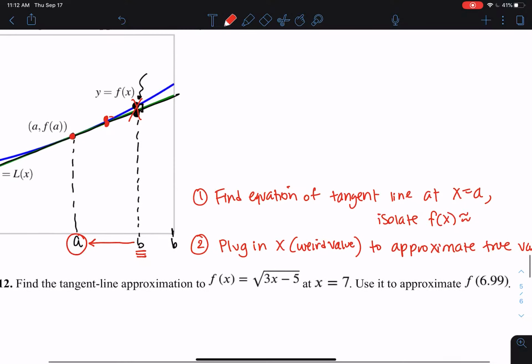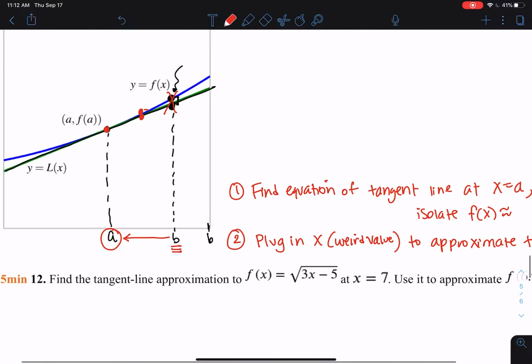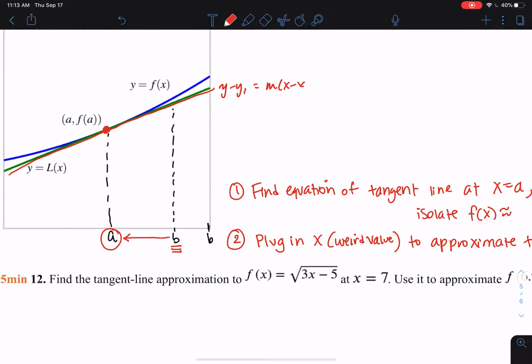So here are the steps. First, you'll find the equation of the tangent line at x equals a. So you're basically given a curve, the blue line, and you're going to find a point and its slope, and you're going to give me the equation of the green line. That's what we've been doing using this formula. Once you have the equation of that tangent line, the green one, you will then plug in your b value or whatever x value they're asking you to approximate.